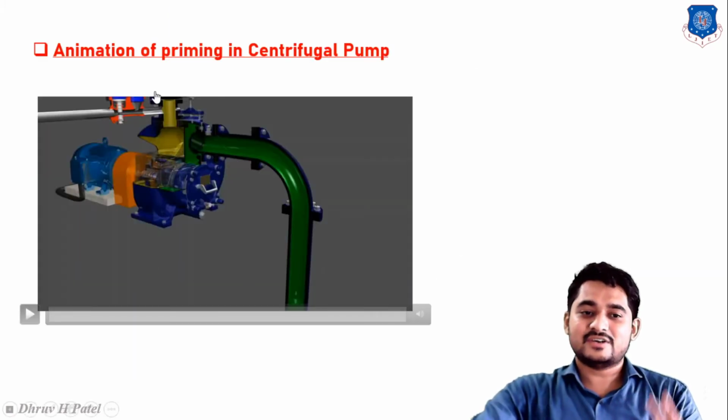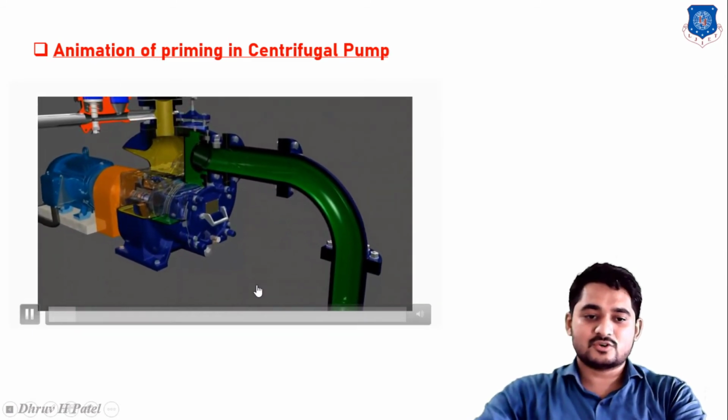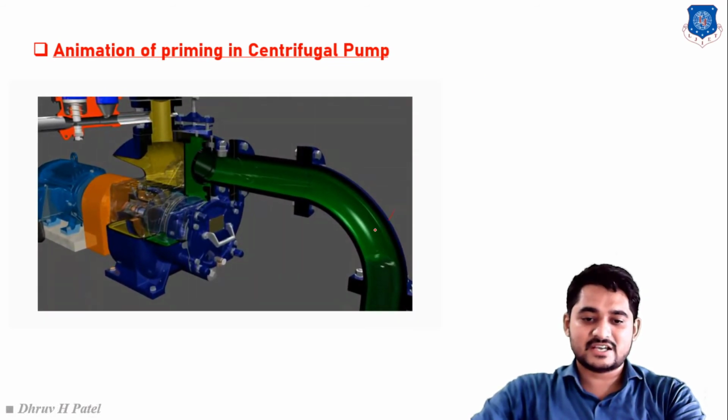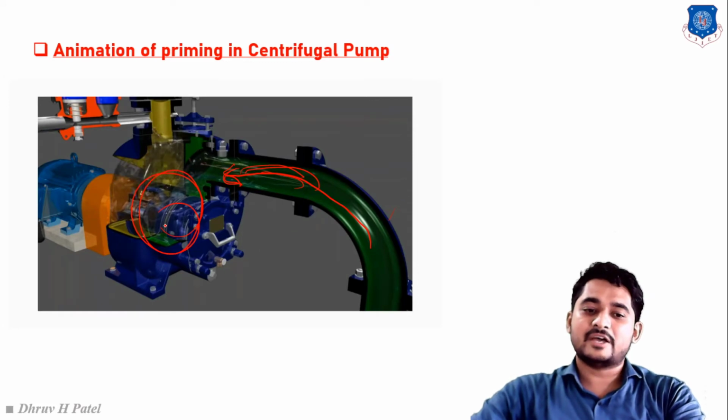So let us see one animation video of the priming process. From this sketch, see here, water is filled from the outer side in the casing. From the inlet side, water is coming from here, right? So the suction pipe is filled, this casing is already filled, and we have to fill the delivery pipe also.